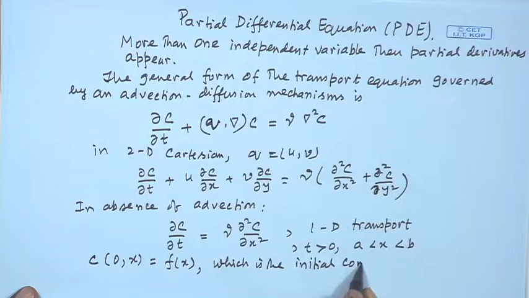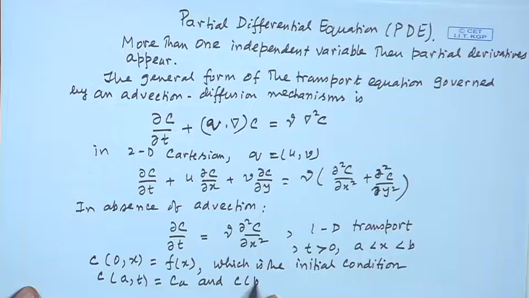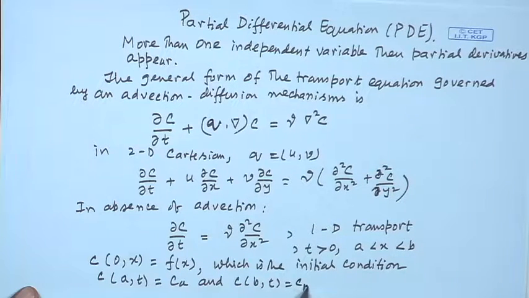And the two boundary conditions are, say, C at (a, t) equal to CA, and C at (b, t) equal to CB. So these are the boundary conditions.